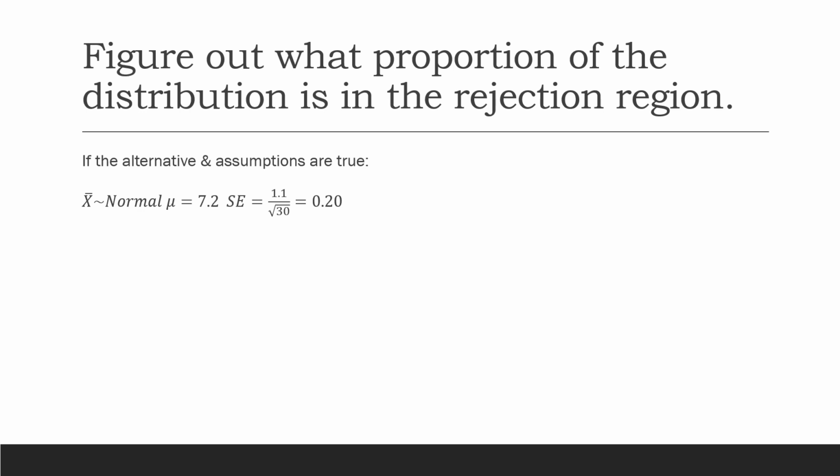So remember, we said if the alternative hypothesis and the assumptions are true, then I've got a sampling distribution for my sample means that's centered around 7.2.